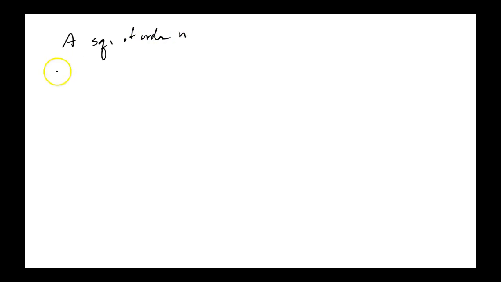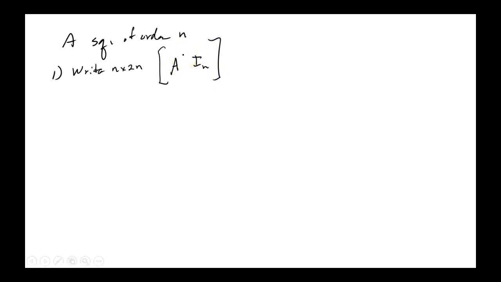Okay. Now, step 1. Write the n by 2n matrix that consists of A on the left-hand side and I sub n on the right-hand side.